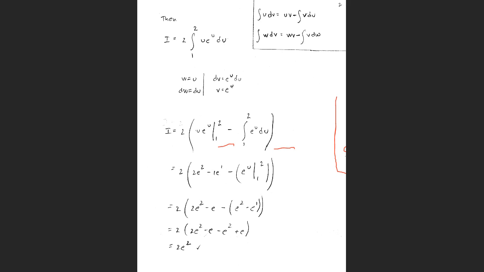That would be your integral there. If you were to let w equal e to the u and dv equal u du, this is what you would get for your integration by parts.